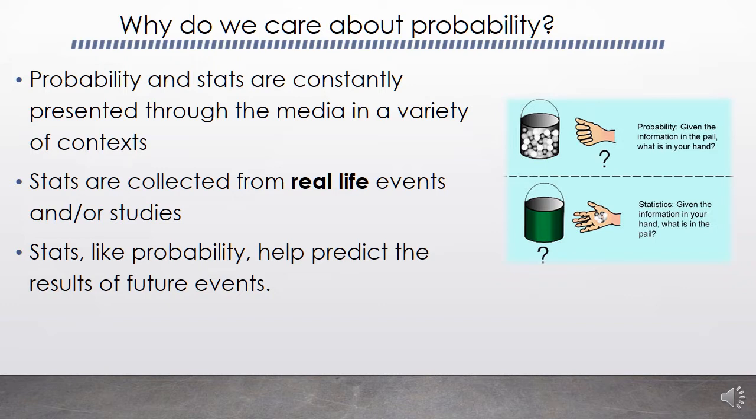Last unit, statistics: given the information in your hand, what's in the pail? You've taken a sample, and you want to know what's in the pail. Just like when we do a survey, if you've ever been asked to fill out a survey, even on social media, Instagram, Twitter, or when you buy something and get a receipt, they have surveys.